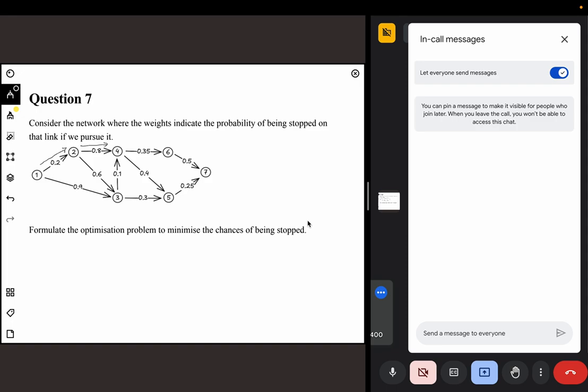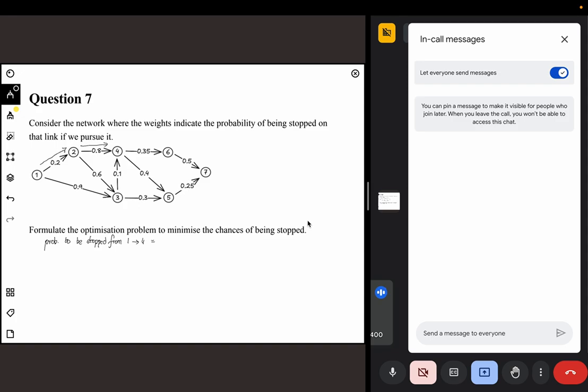Then what is the probability that I'll be stopped? How do I do that?